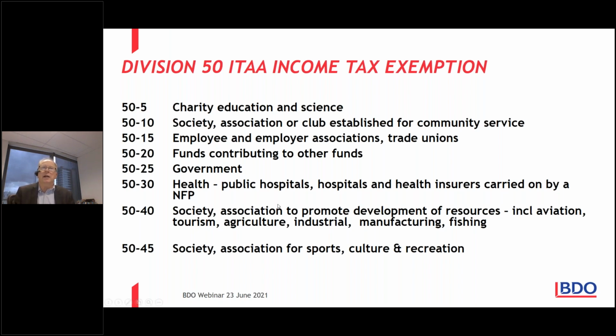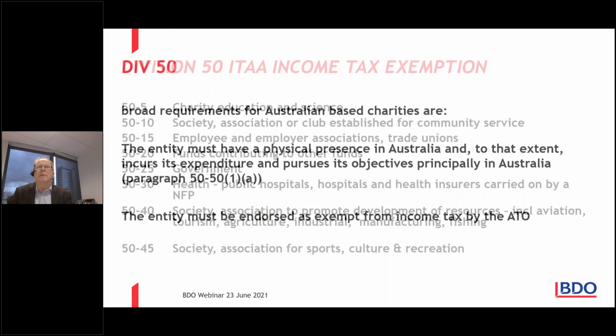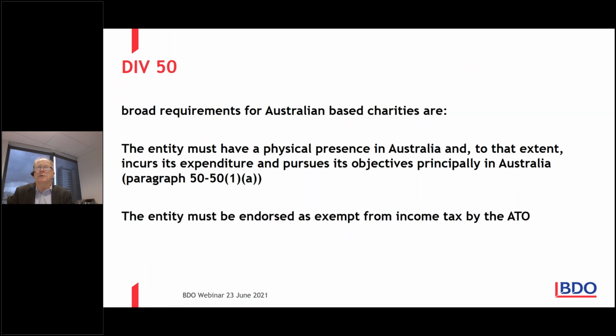So those various categories are the ones, and we'll look at a couple of these a little bit further. So the broad requirements for Australian-based charities are that they must have a physical presence in Australia, and they incur their expenditure and purposes principally in Australia.